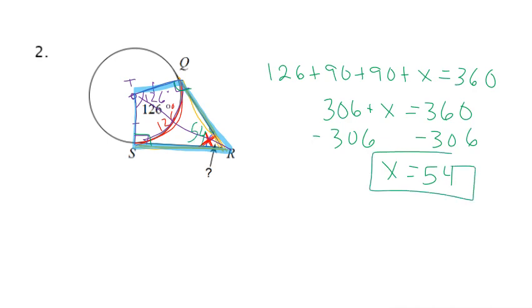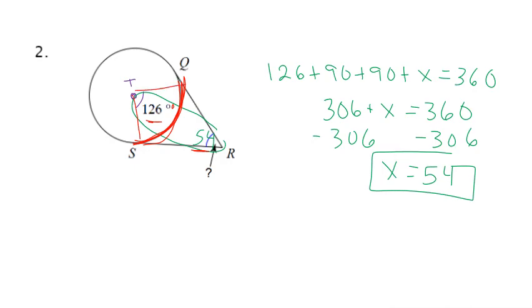One thing we might notice, though, because again, we're using the property a quadrilateral adds up to 360. But if I was to just write in the answer, you could see this is 54, this is 126. It's not a coincidence that these add up to 180, right? So if I know the inscribed arc with it, if there's an exterior angle, 126 and 54 adds up to 180, right?